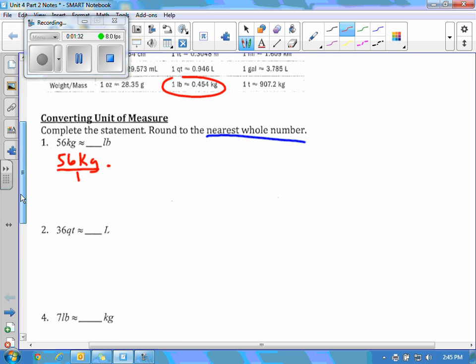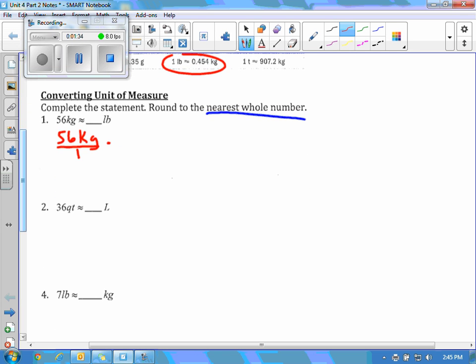Coming back down, since kilograms were the numerator of the first fraction, I want kilograms to be the denominator of the next one, which means pounds go on top. So, 1 pound is approximately 0.454 kilograms.